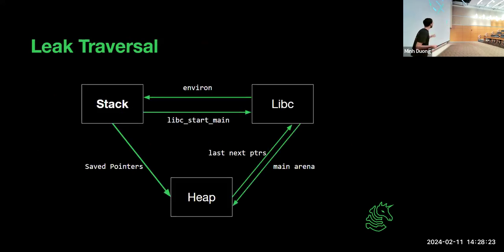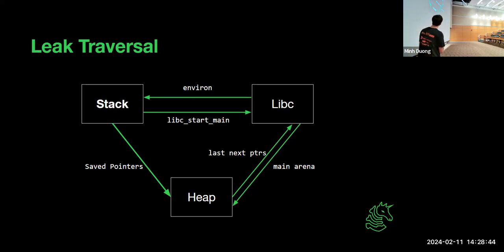So there's this idea of several structures within a program, and you want to leak addresses from each of these, because address space layout randomization will randomize where each of these are, and if you want to be able to read or write in each of these structures, you're going to need to leak them.